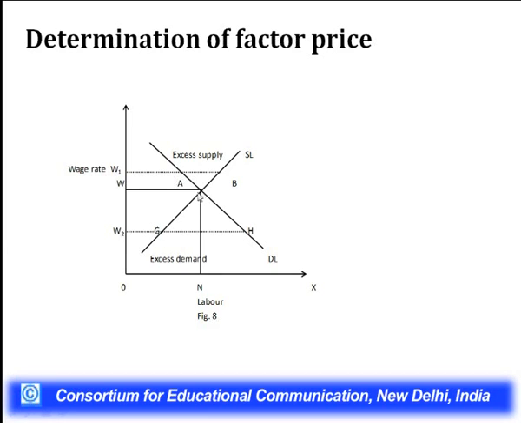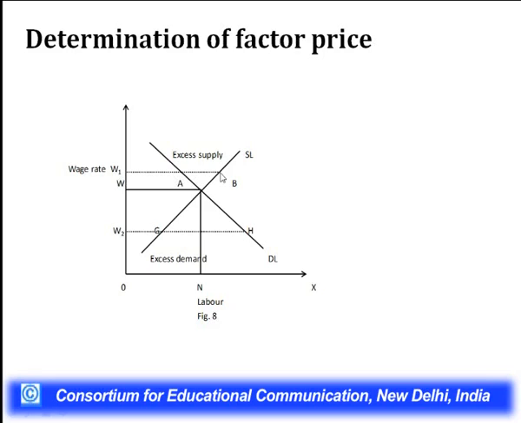So at A you find that the wage rate is OW and demand for and supply of labour are equal to ON. At all other wage rates, demand and supply are not equal to each other. If the wage rate is OW1, at this wage rate demand for labour is up to this, while the supply of labour is more.